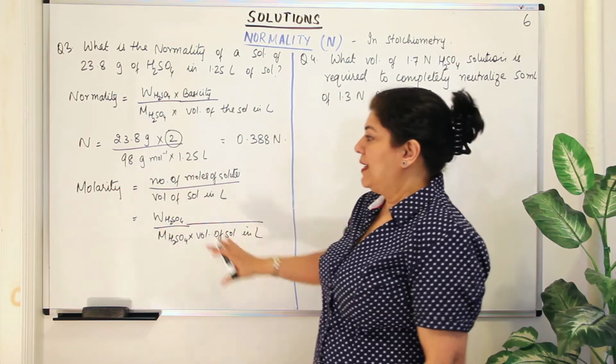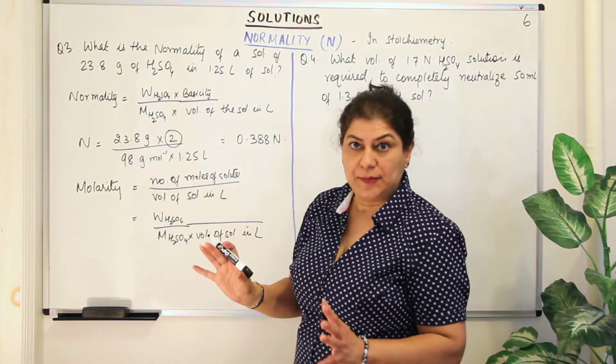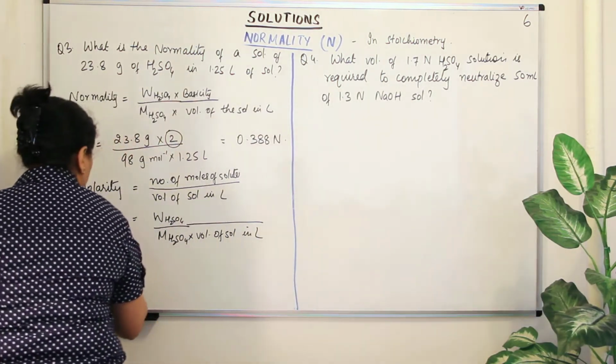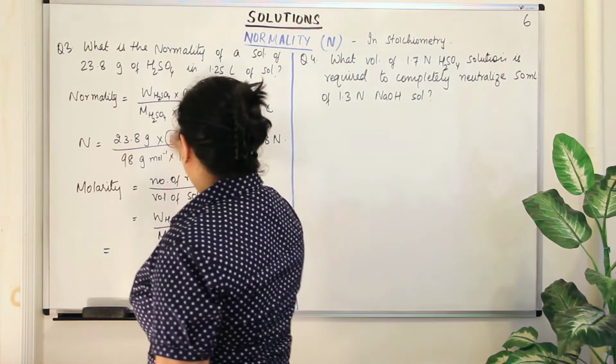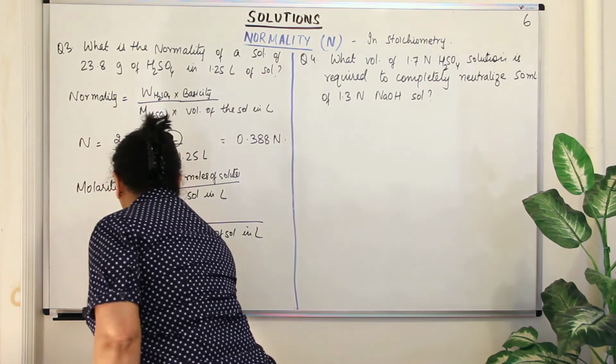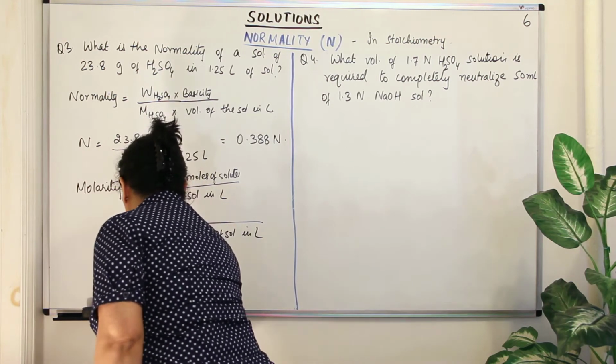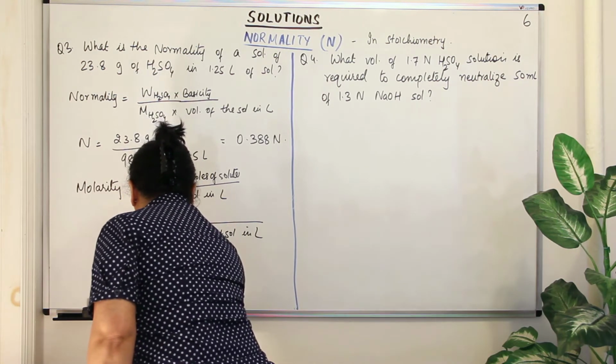So let us try this. If we had calculated the molarity, what would we have got? The molarity of this H2SO4 would have been equal to the mass of H2SO4 given, 23.8 grams, divided by the molar mass, 98 grams per mole.